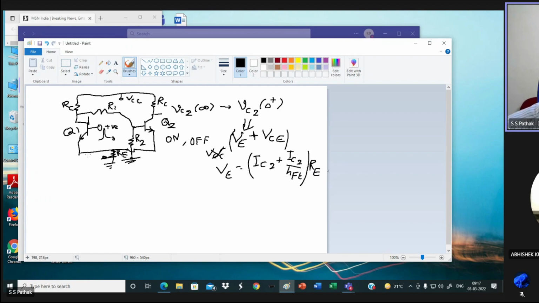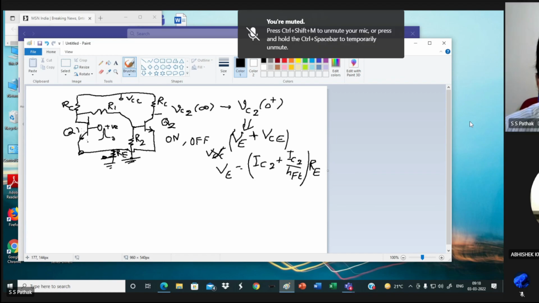What happens here? This RE has increased, and this trigger is gone now. It was applied at 0 plus, now it is gone. So this voltage between base and emitter has now decreased. As a result, this will start returning back to your cutoff state from the active state, because it will be gradually rising.